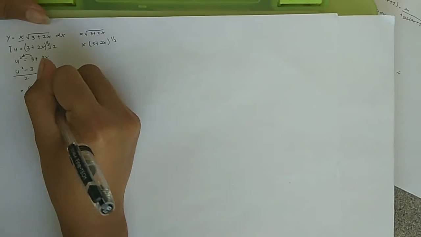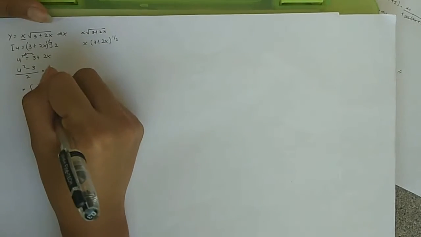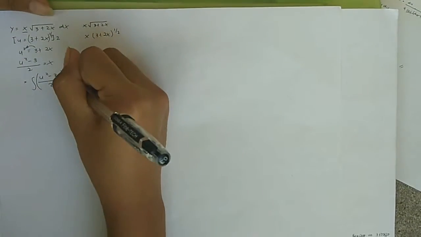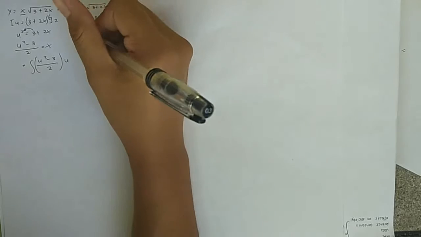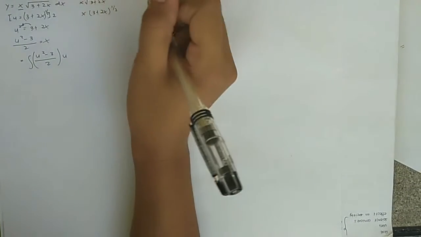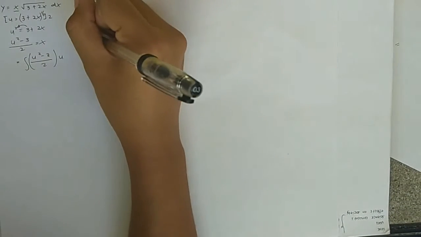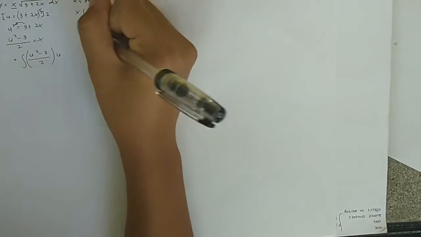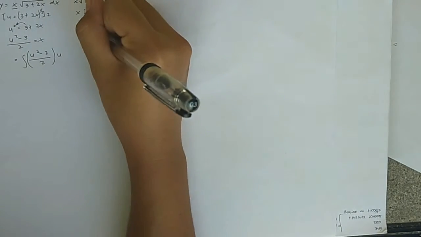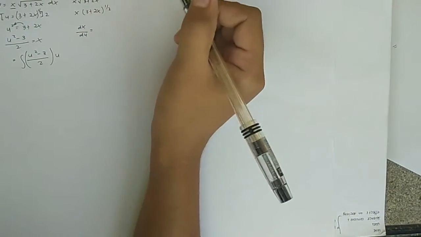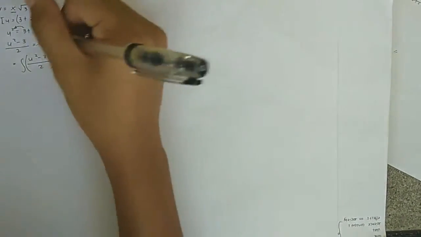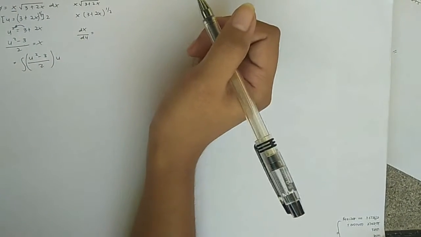Then next, we're going to proceed to our problem. Integral of u squared minus 3 over 2 times u. Then we're going to find the value of dx. Derivative of x over du is equal to the derivative of u squared minus 3 over 2.